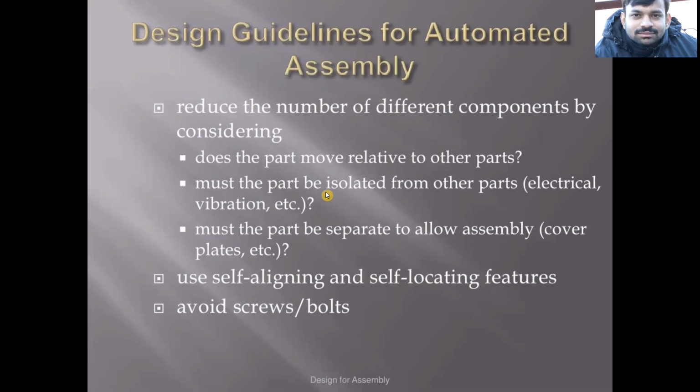Must a part be separate to allow assembly, that is, a cover plate, etc.? Then use self-aligning and self-locating features, such as self-aligning screws and self-locating holes in the assembly. Then avoid screws and bolts for tightening and fastening purposes.